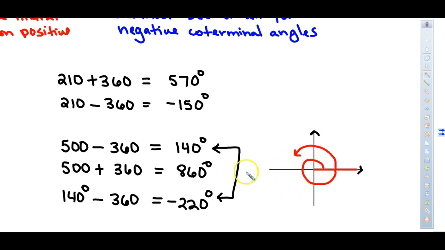Okay, so this is what your 500-degree angle right here looks like. Okay, it started here. I went in a positive direction, 360 degrees, and then I estimated 150 more.